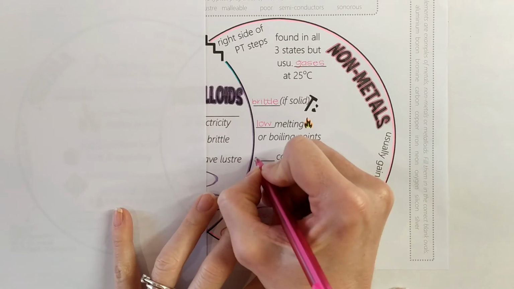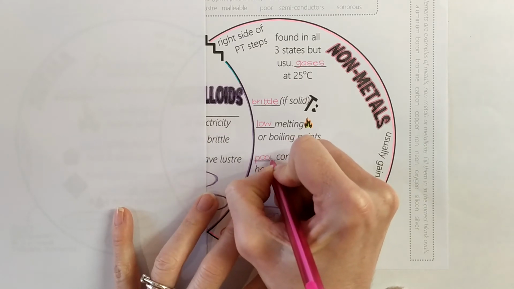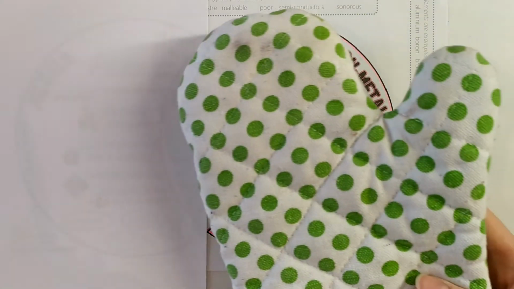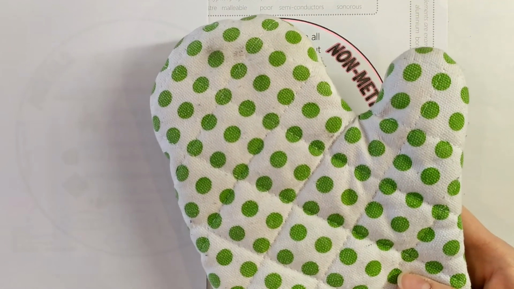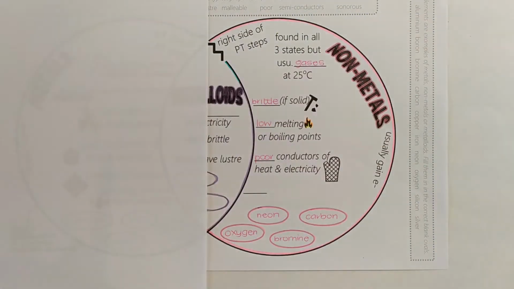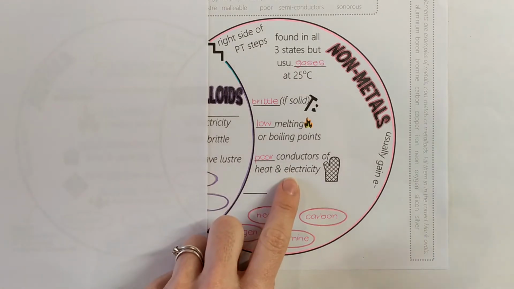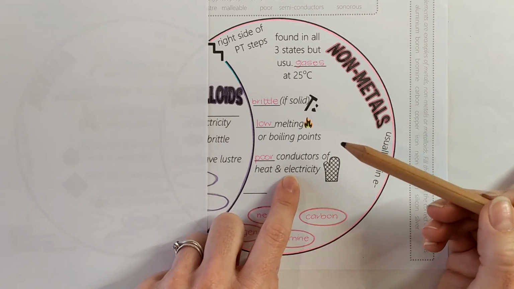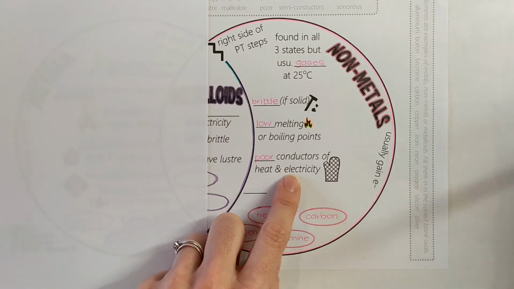They are also fairly poor conductors of heat or electricity. Converse to the pot would be my oven mitt. So non-metals are generally used in combination to form pretty good insulators. Again, graphite is an exception, in that graphite is a good conductor of heat and electricity.